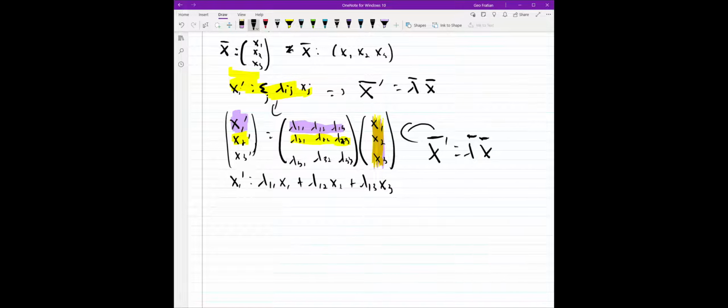But now the question is, I've already given you how you multiply matrices together, but let's just say we have a matrix A, and then we have matrix B. So we want to know what AB is equal to.